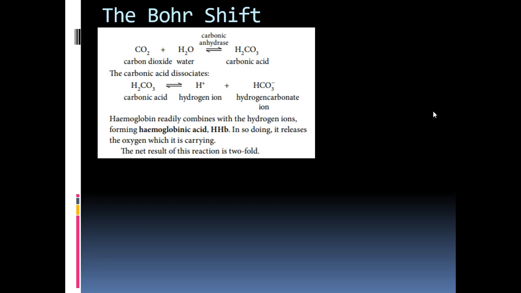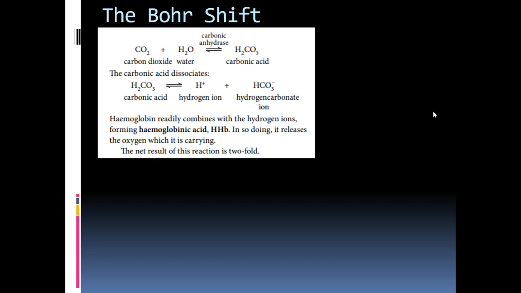But the partial pressure of oxygen alone is not responsible for determining how many hemoglobin molecules can actually bind with oxygen, because the other factor that comes into the picture is the concentration of carbon dioxide.